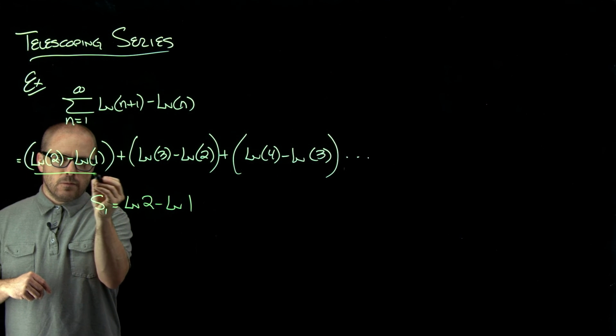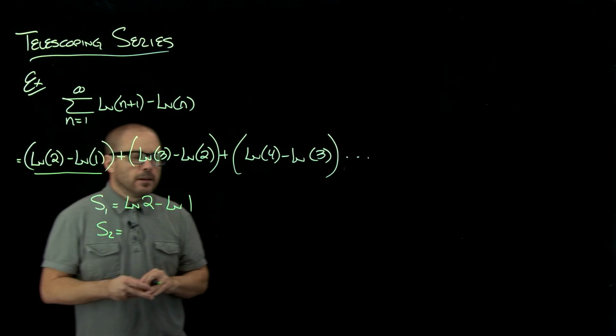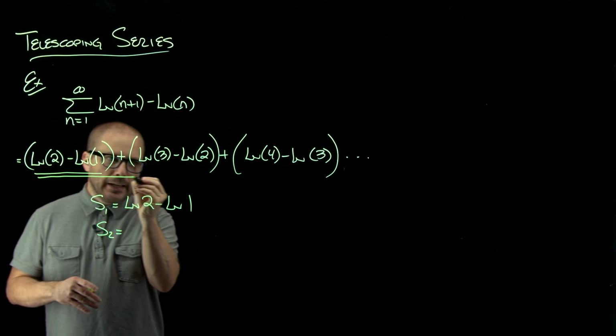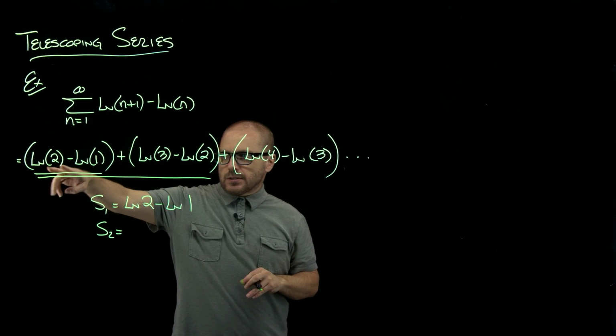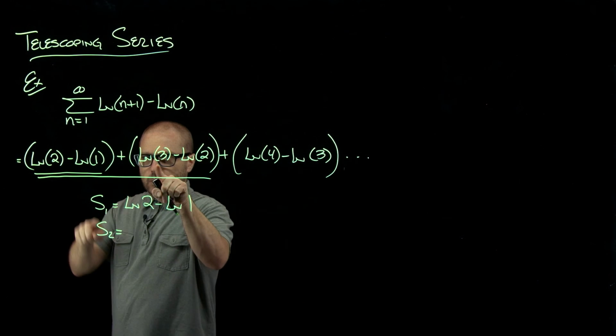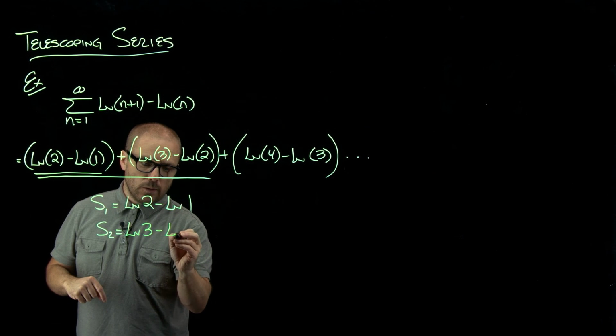S sub 2 means add up the first two terms, so that one and that one. But we see that we've got a natural log of 2 minus a natural log of 2. Those will go away. And we'll just have the natural log of 3 minus natural log of 1.